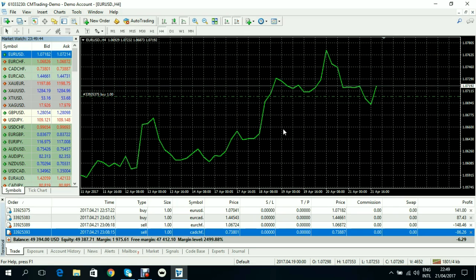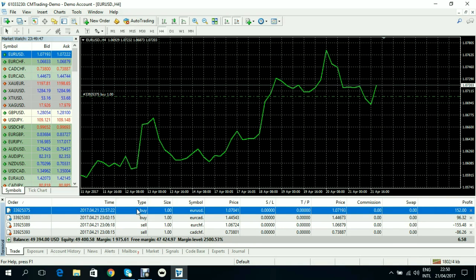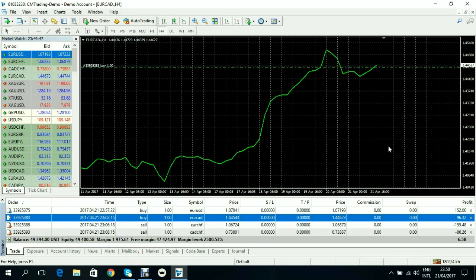So I'll be talking briefly about these three analysis. We are still looking at the trades that we placed earlier on here, and the Euro USD, we can see is still making profit. The Euro card is still making profit. The other two are still in running losses.